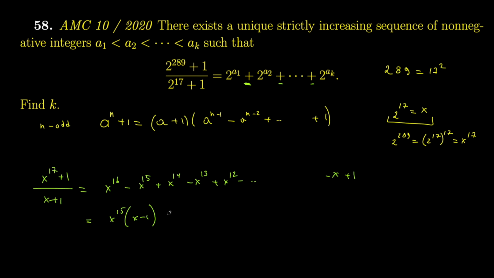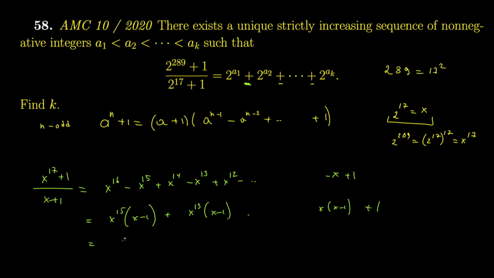And then in all of the pairs, like we have 17 numbers, x to the 13 times x minus 1, and then the last one is just like x minus 1, so I'll have 1.